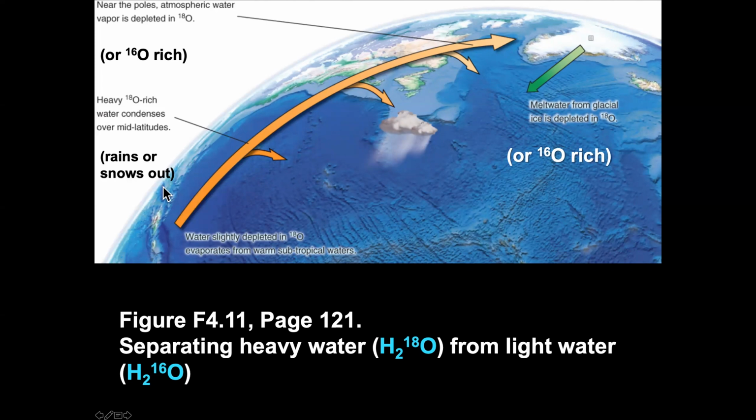It's hot, so there's more evaporation, and the heavy 18 condenses and falls off. Near the poles, way up here by Greenland and northern Canada, water vapor is depleted in 18 because it fell out earlier. So here it is rich in 16. Make sense? Nature is separating heavier water from the lighter type.